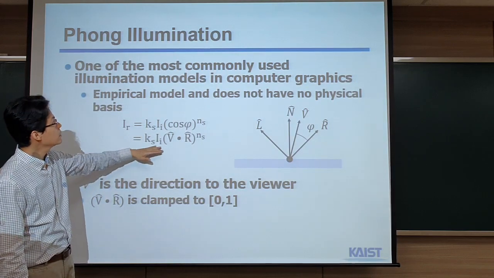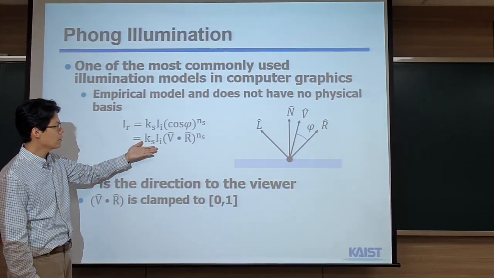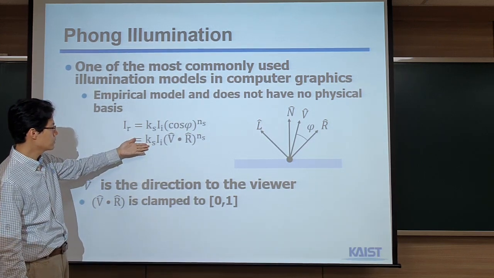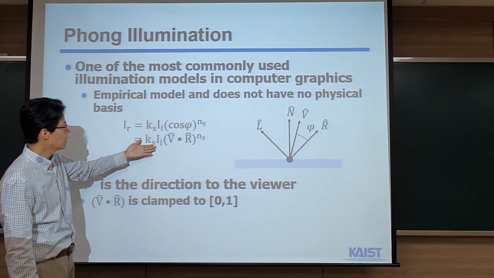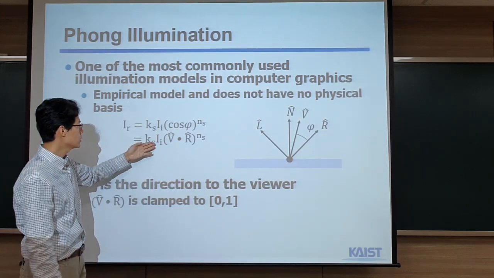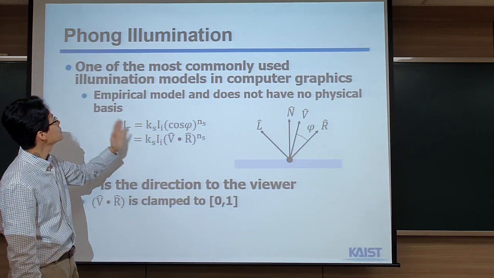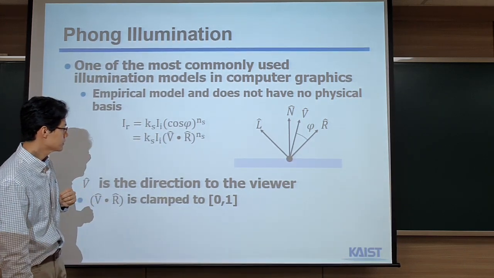We also have the constant factor Ks, which is a material-specific factor, and I is the incoming light energy intensity for this non-ideal reflector.